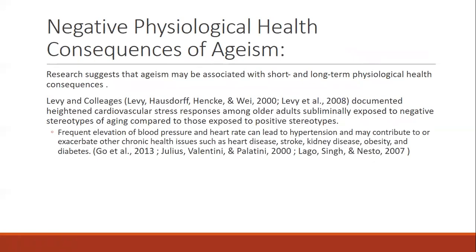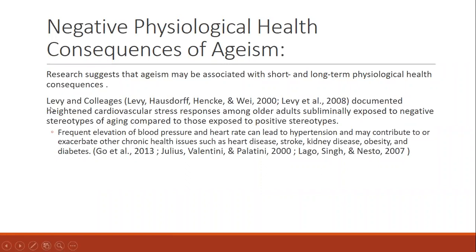Another negative physiological health consequence of aging is that research suggests ageism could be associated with short and long-term physiological health consequences. A study from Levy and colleagues documented heightened cardiovascular stress responses among older adults subliminally exposed to negative stereotypes of aging, compared to those exposed to positive stereotypes.